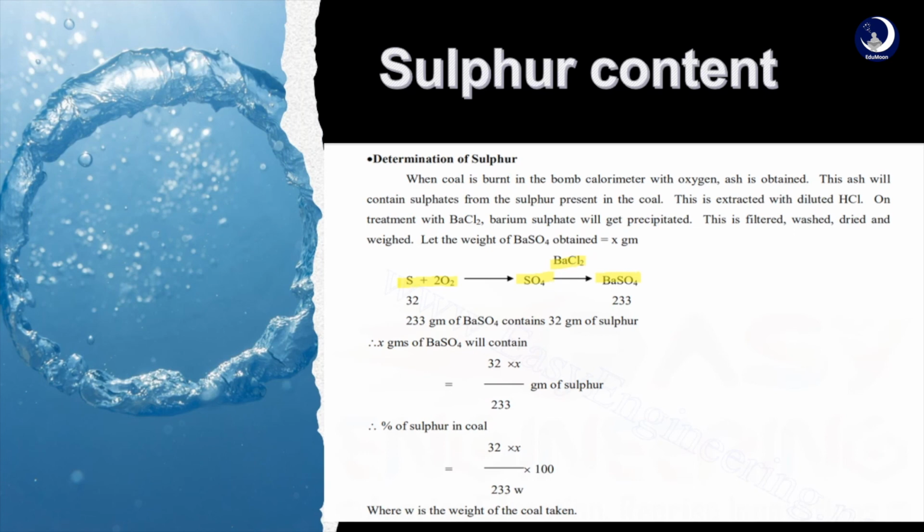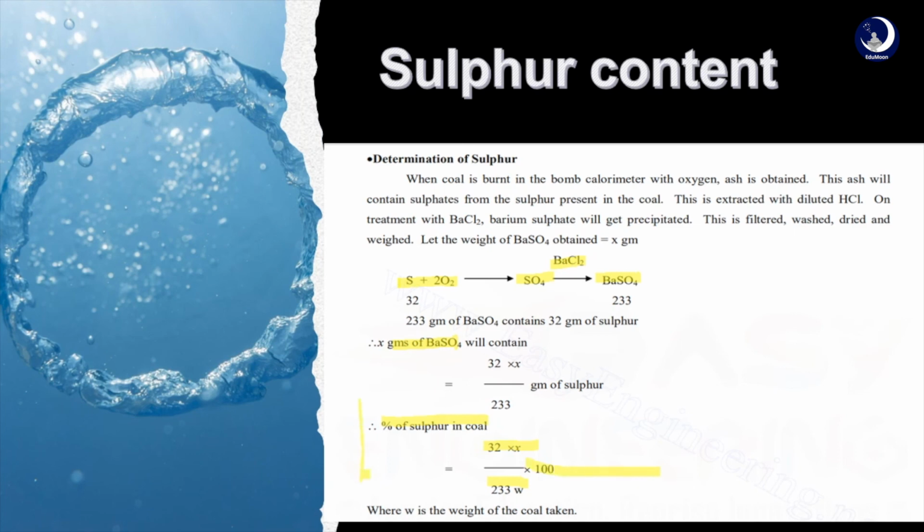So when we take X grams of BaSO4, then the percentage of sulfur in coal is 32 into X, where X is the grams of BaSO4, by 233 into W, where W is the weight of coal taken, into 100.